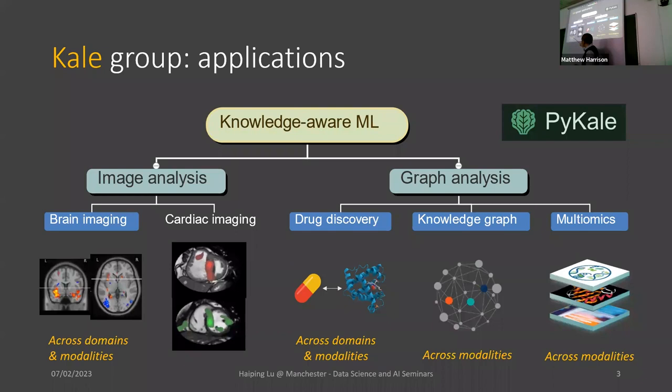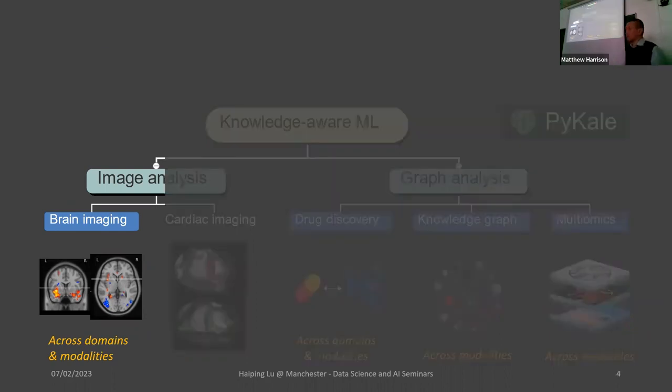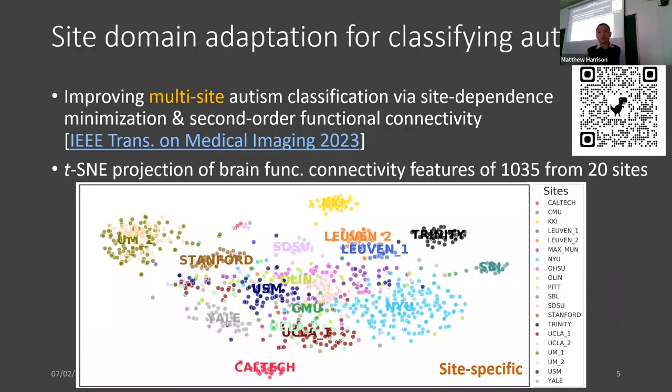So we talk about imaging across domains and modalities, and drug discovery across domains and modalities, and knowledge graphs and multiomics across modalities. So let's start with our work on brain imaging across domains and modalities.